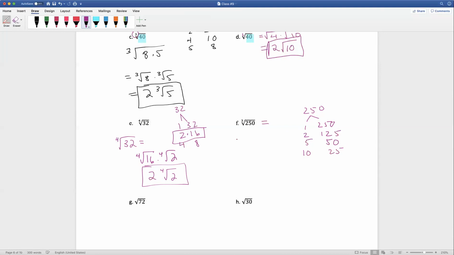So the cube root of 250 is the same thing as saying the cube root of 125 times the cube root of 2, and 125 times 2 gives us 250. And we know we can simplify this. The cube root of 125 is 5. So we end up with 5 times the cube root of 2.